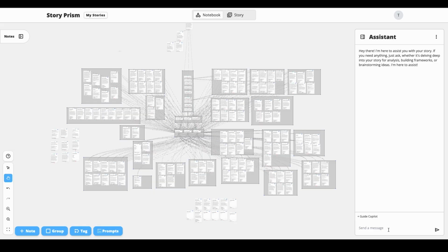So, for instance, use the military consultant and identify areas in this story that can be more realistic from a military standpoint.